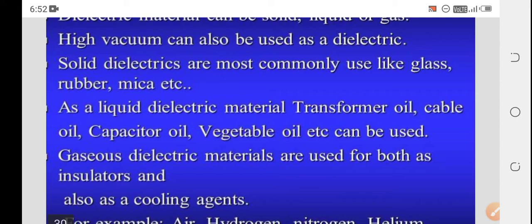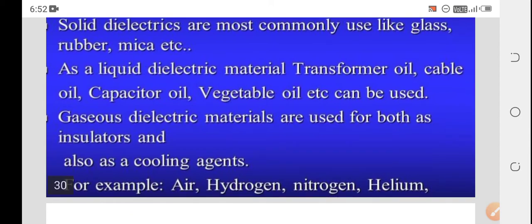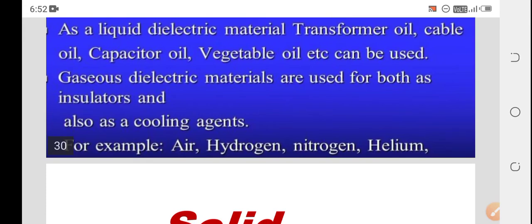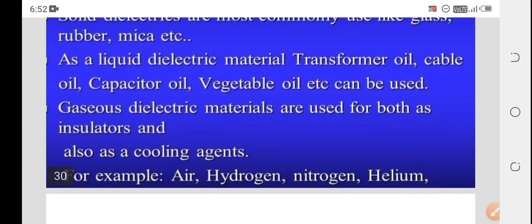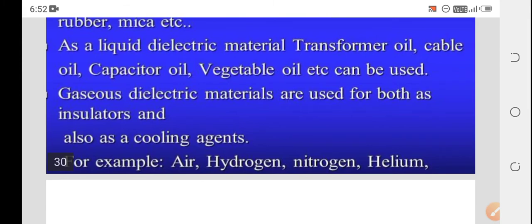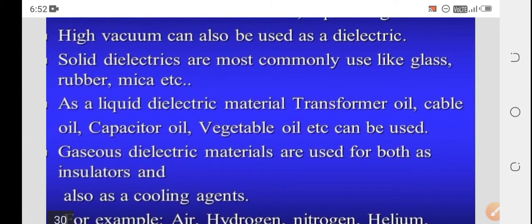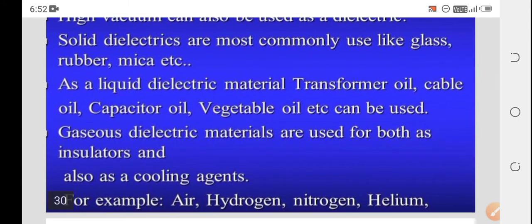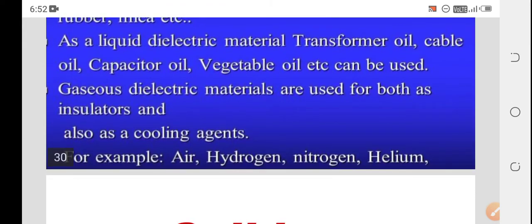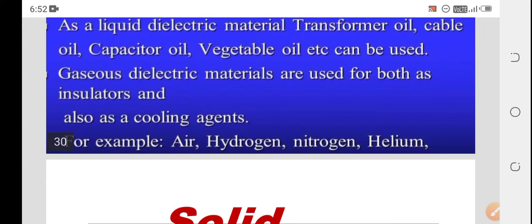Liquid dielectrics are transformer oil, cable oil, capacitor oil, vegetable oil. Gas dielectric materials are air, hydrogen, nitrogen, helium. So based on the state, dielectric material is classified into solid, liquid, and gas. For the solids, glass, rubber, mica; for the liquid, transformer oil; for the gas state, hydrogen or air.